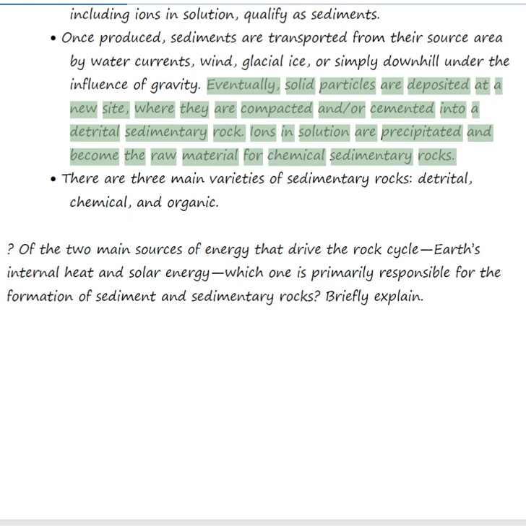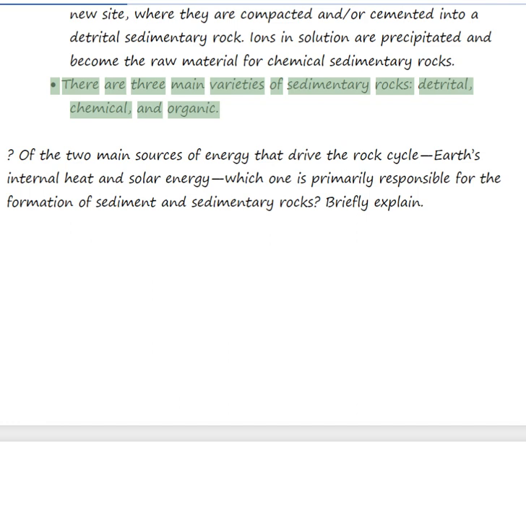Eventually, solid particles are deposited at a new site where they are compacted and/or cemented into a detrital sedimentary rock. Ions in solution are precipitated and become the raw material for chemical sedimentary rocks. There are 3 main varieties of sedimentary rocks: detrital, chemical, and organic.